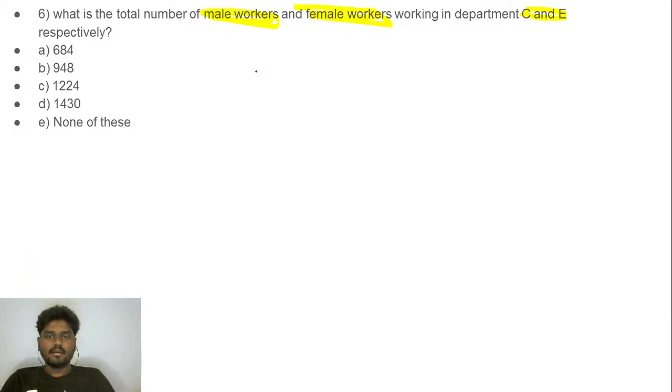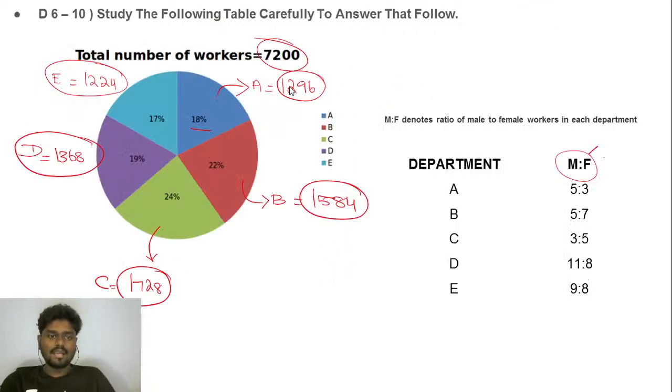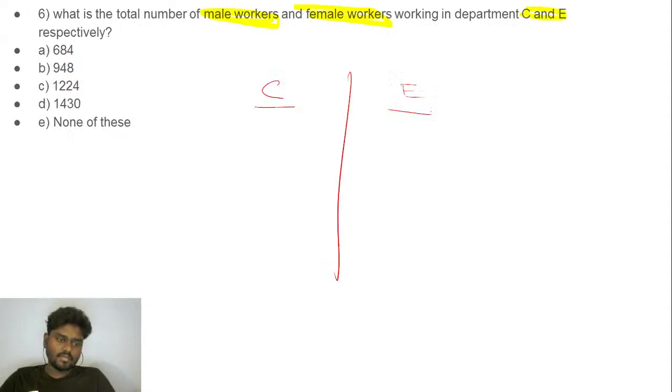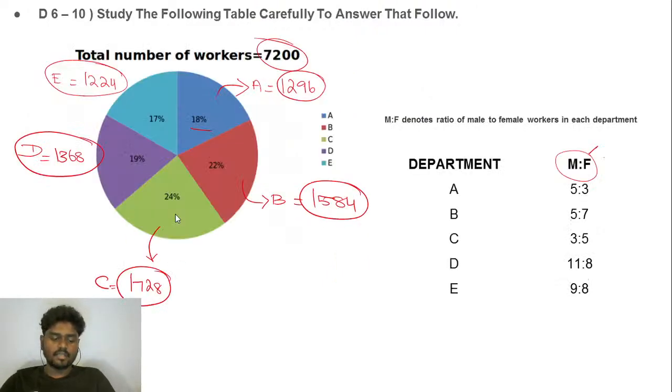So guys, let's find the total number of male workers and female workers in department C and E respectively. In department C, we know that I have a total of 1,728 workers. To find the number of male and female workers, let's go for the ratio.